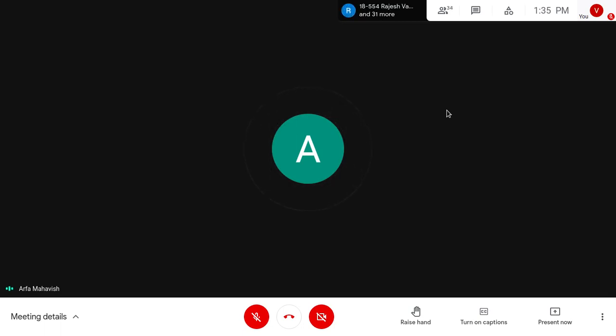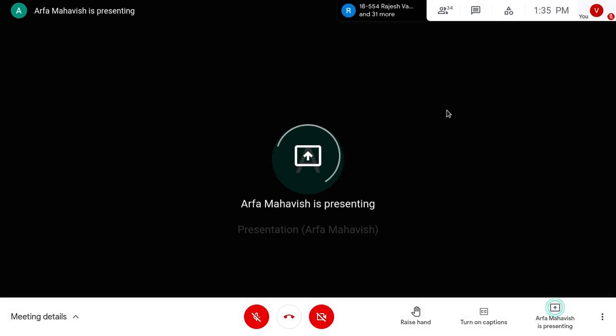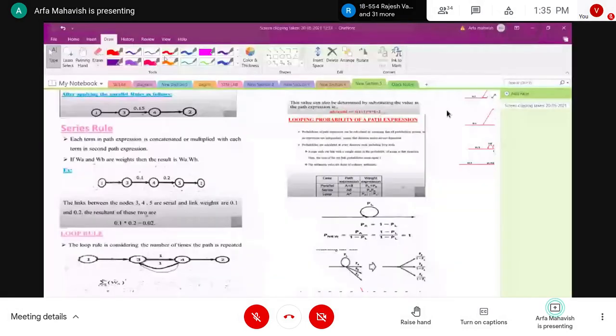Okay. So probability is calculated for every decision node, including the loop node also.